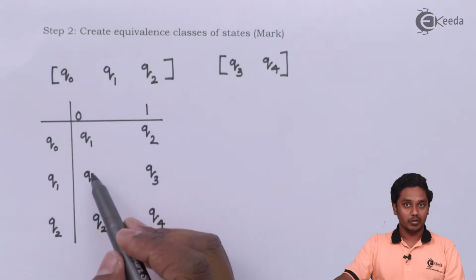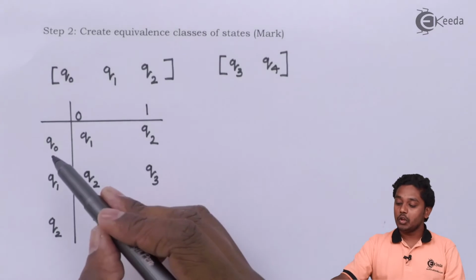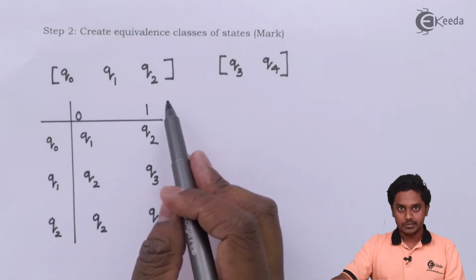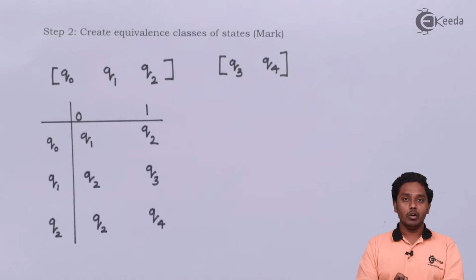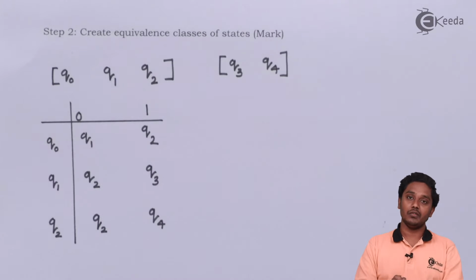Q1 and Q2 belong to the same class. Q0 and Q1 on input symbol 1 have transitions to states Q2 and Q3 respectively. Out of them, Q2 is in class 1 and Q3 in a different class, and hence Q0 and Q1 must be distinguishable.